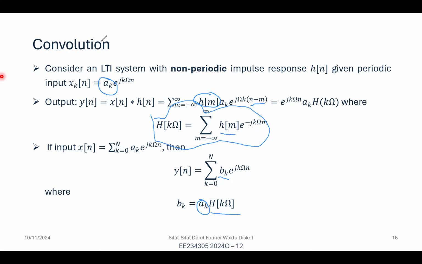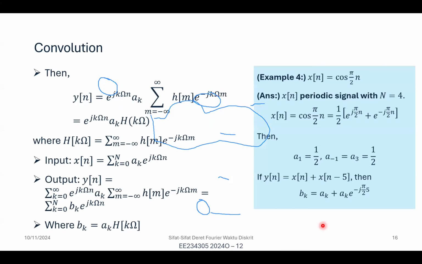All right, so that's what's called convolution in the sense of the Fourier series. The main point again is that the output of the convolution has Fourier coefficient bk, which is the Fourier coefficient of the input times H, the so-called transfer function. We will go into that later. Okay, so this is the related explanation.